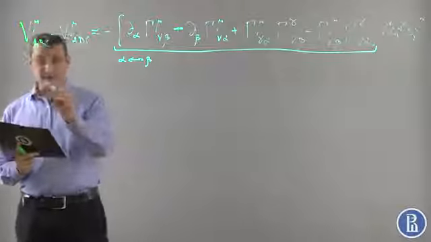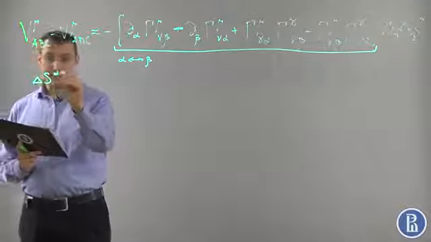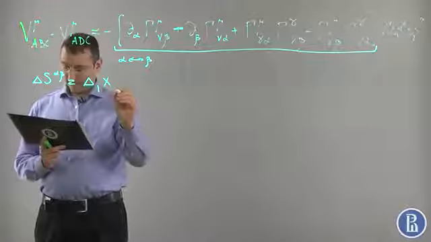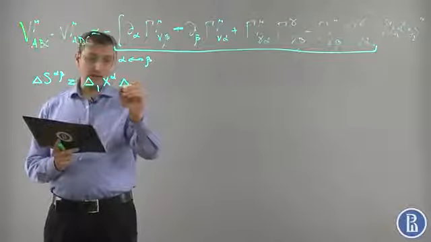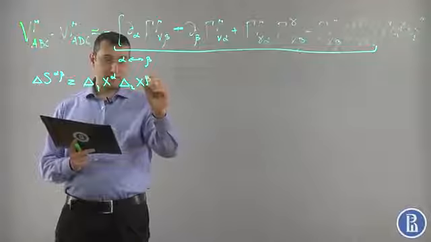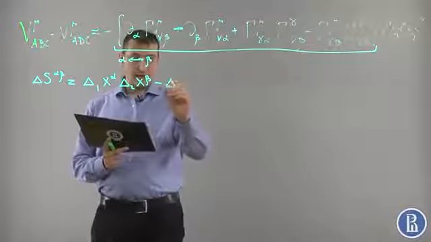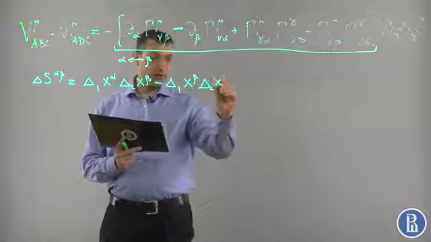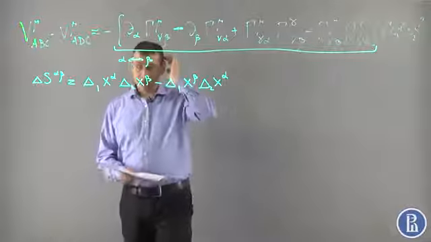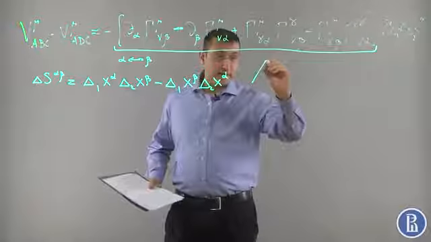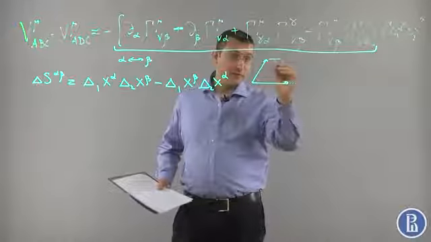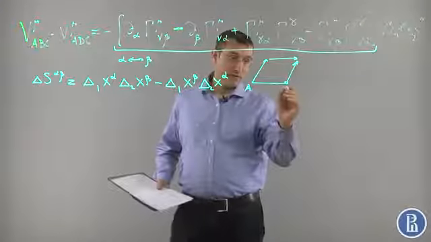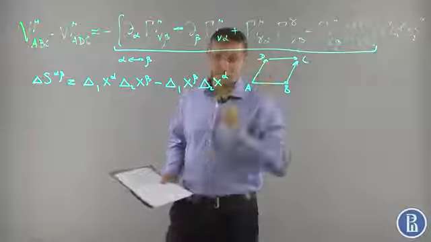Then let me introduce δS^{αβ}, which is δ¹x^α δ²x^β minus δ¹x^β δ²x^α. This quantity defines the area of that parallelogram that we have been considering, A, B, C, A, D, C.